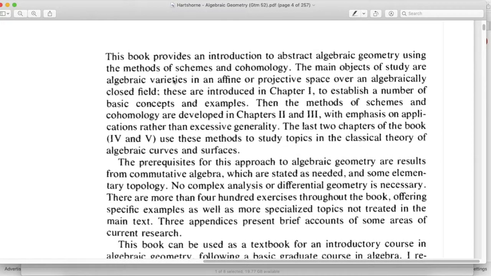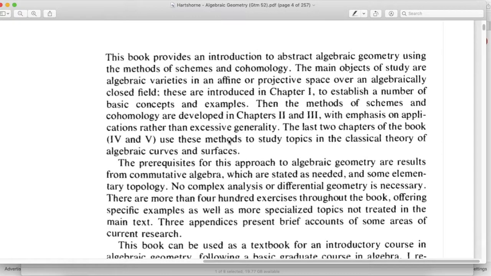Again, an introduction to algebraic geometry, using the methods of schemes and cohomology. That's another thing we saw in Wiles' proof. The main subject are algebraic varieties in an affine or projective space over an algebraically closed field. These are introduced in chapter 1. Then the methods of schemes and cohomology are developed in 2 and 3.